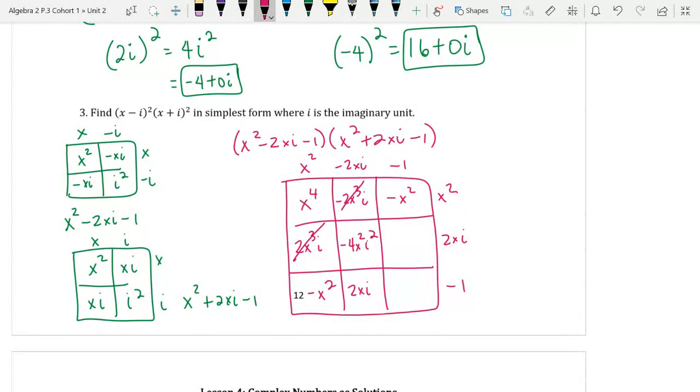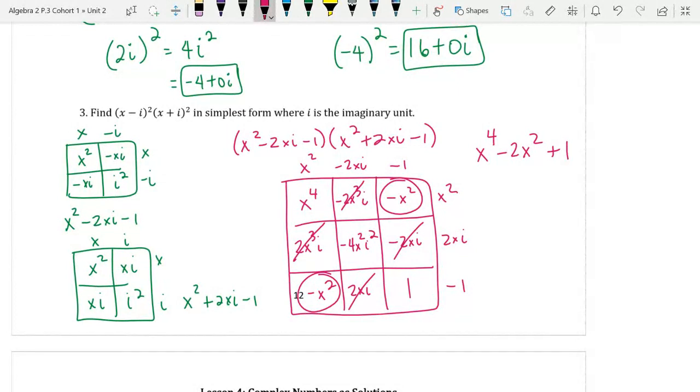Negative 1 times positive 2xi is negative 2xi. These cancel. And negative 1 times negative 1 is positive 1. So we have a lot of stuff here that we can combine. We see some like terms. This is a like term to this. So I have x to the fourth minus 2x squared plus 1.